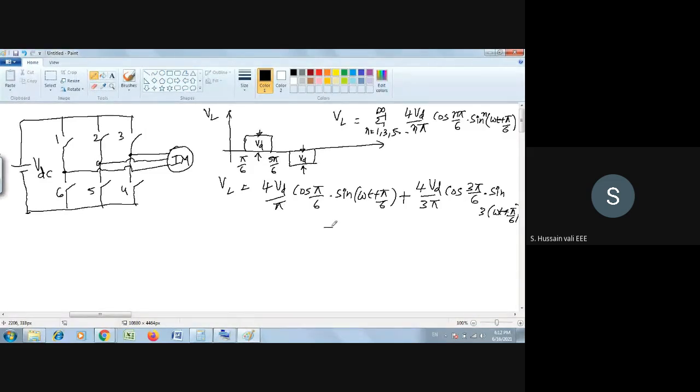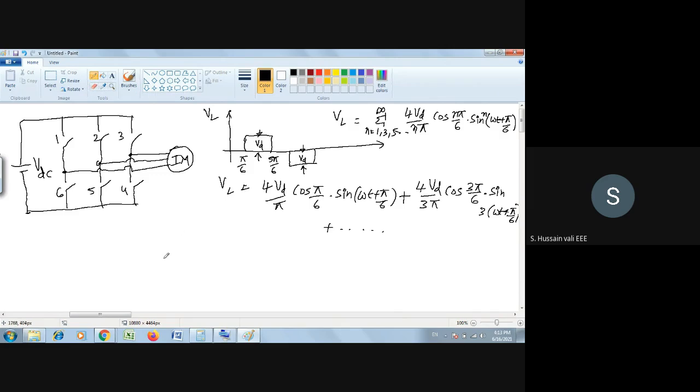And so on. So now when you do the simplification of this, okay, because cos pi by 6, you know it is root 3 by 2. So if you do the simplification of this, I will write the answer here directly.